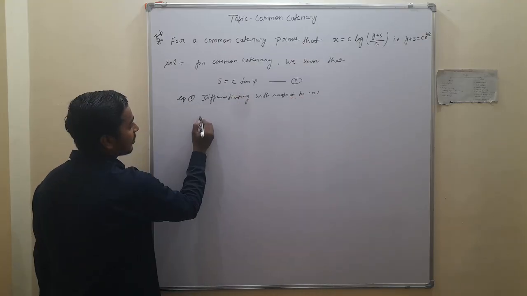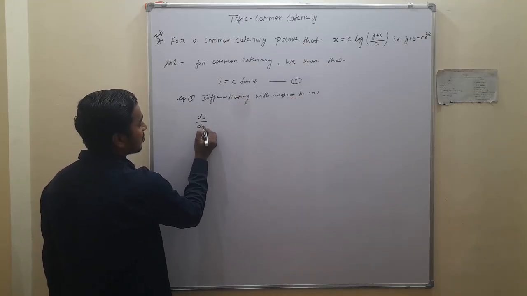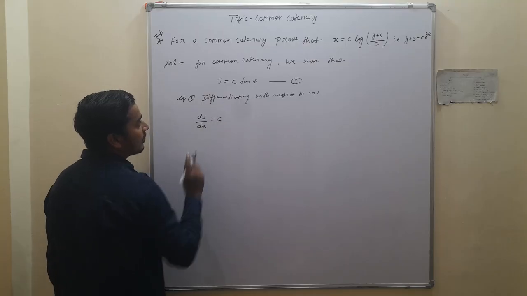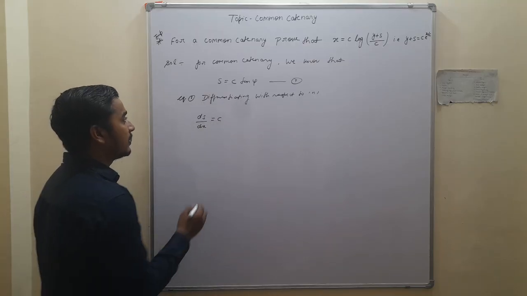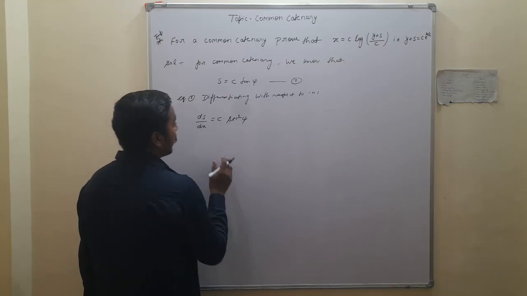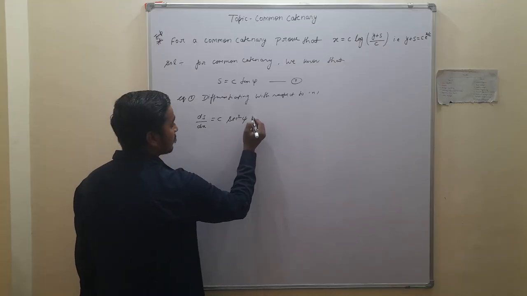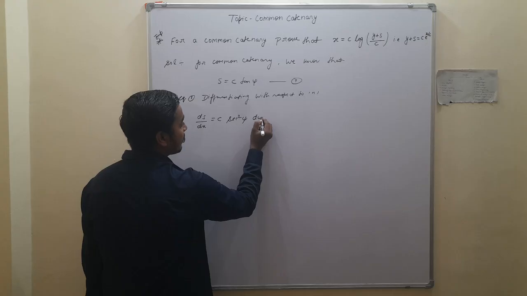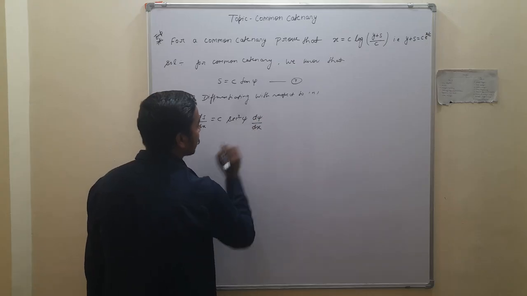Differentiating, we get ds upon dx is equal to c, which is constant, and the differentiation of tan psi is sec square psi, and again psi is differentiated with respect to x, giving d psi upon dx.